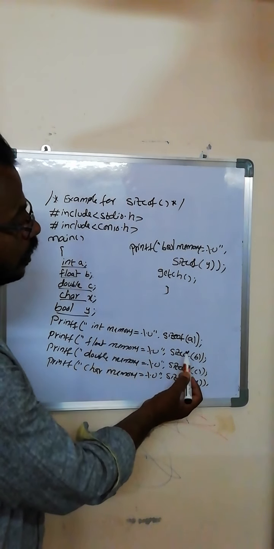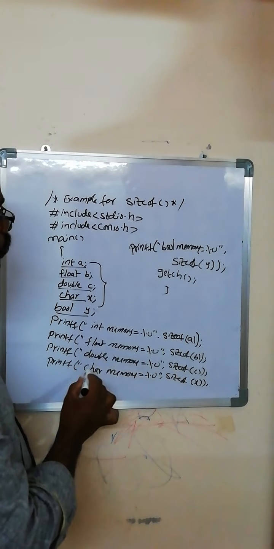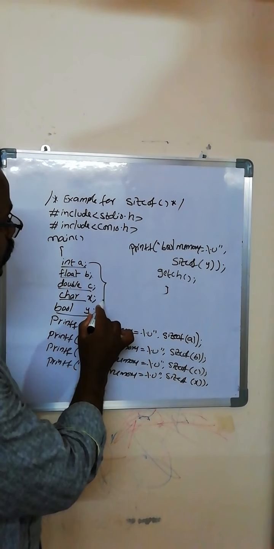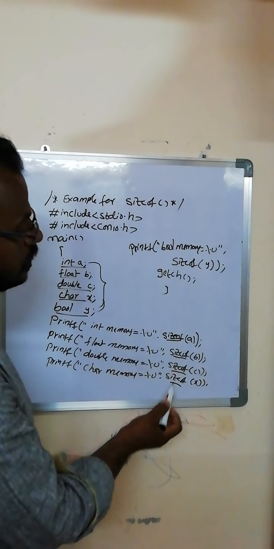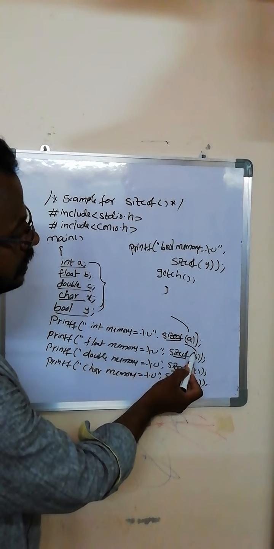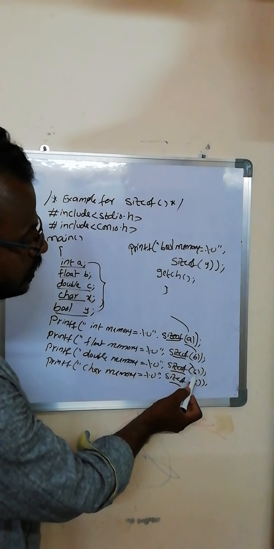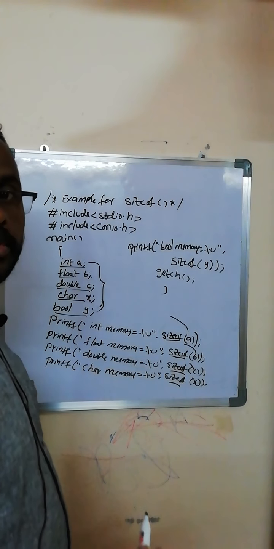We print how much memory these variables require using the sizeof function. Each sizeof function is passed a different variable. The a is an integer, b is a float, c is a double, x is a character, y is a boolean. These are the different data type variables.